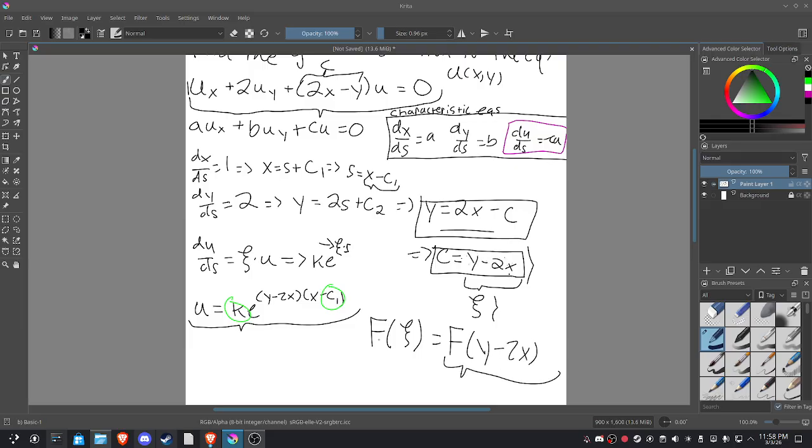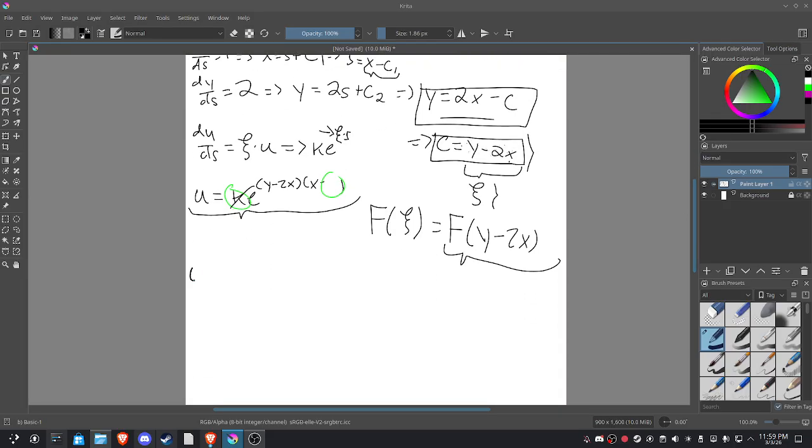This essentially will just get rid of these constants. Pretty much the whole point of that constant. I mean, it really doesn't do anything else because we can't get a definitive answer. We don't have any boundaries on our DE, so we kind of just have to live with it.